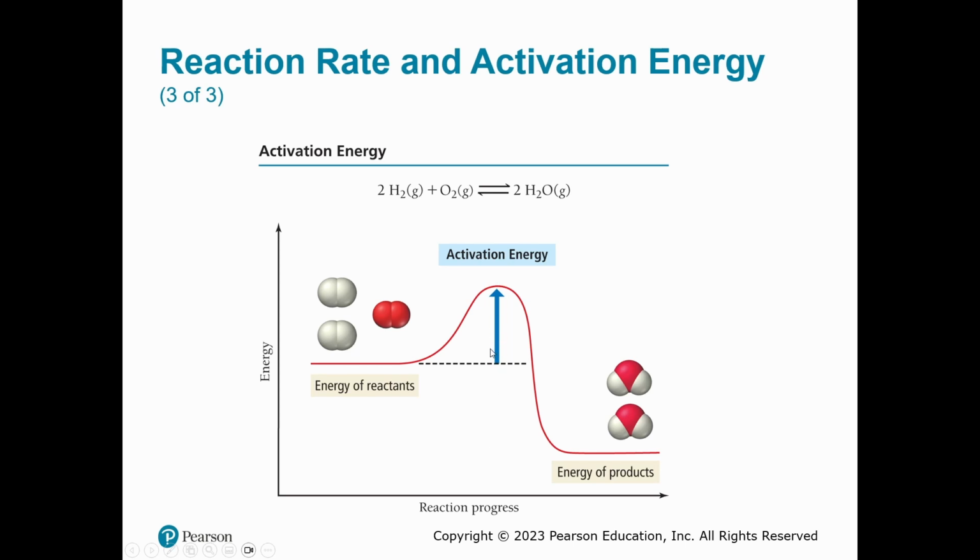This amount of space, or this energy above the starting material, is the activation energy. We have to overcome some activation energy before we reach the products. The activation energy, or the transition state that we find at the peak of this activation energy, is the highest energy species in the entire chemical reaction.